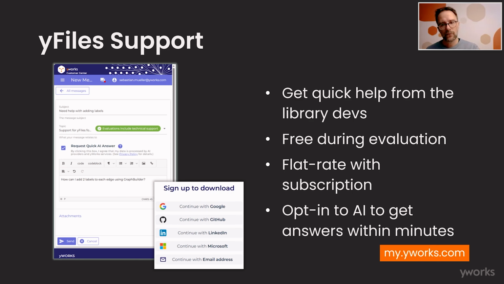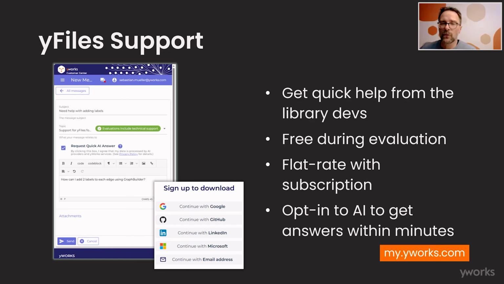If you do it via my.yworks.com, there is the option to request a quick AI answer over here. And if you click this one, it's basically doing similar things to what the MCP tools did before. So it will go and fetch the knowledge base and the information from the API documentation for you and prepare an answer.